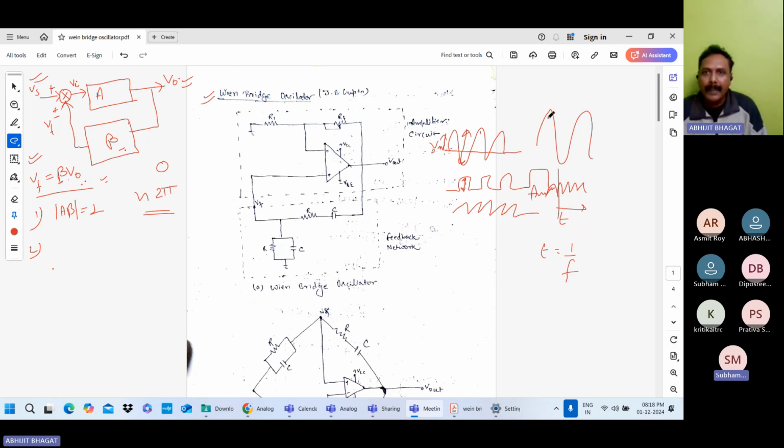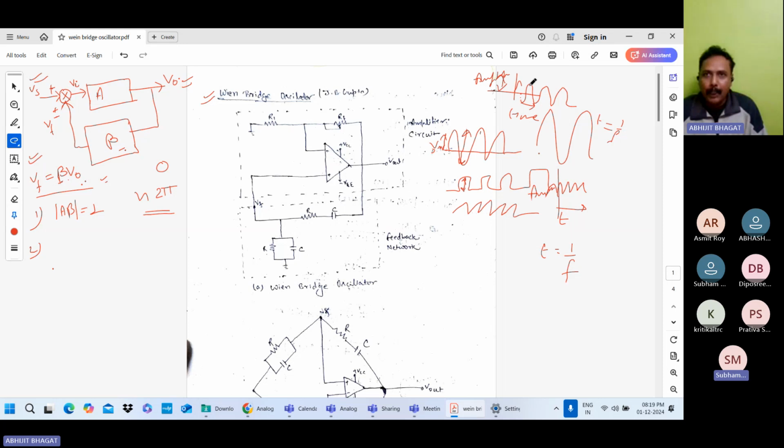So your amplification means your amplitude. This is the amplitude axis for the waveform, and this is the time axis. Okay, time is related to frequency, T equal to 1 by f. This type of waveform or any type of waveform is there.